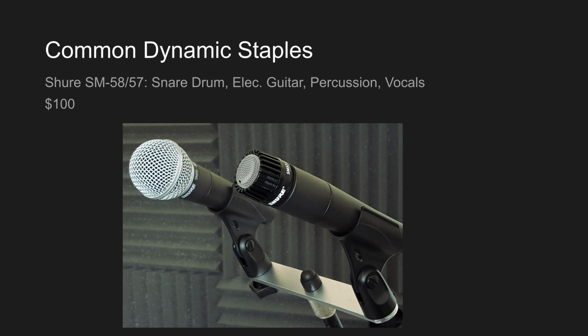We're going to look at the frequency response here in a minute, and you'll see there actually is a bit of a difference in the frequency response, but they're going to sound pretty similar. So, snare drum for a 57, top and bottom snare, electric guitar, percussion, even vocals for 57.